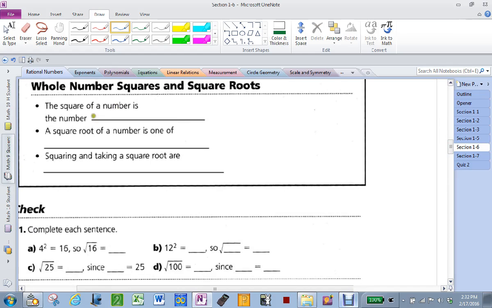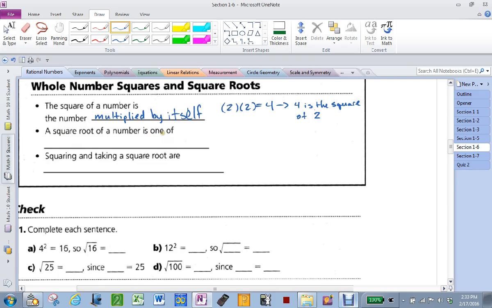The square of a number is the number multiplied by itself. Okay? So 2 times 2 equals 4. That's saying 4 is the square of 2.